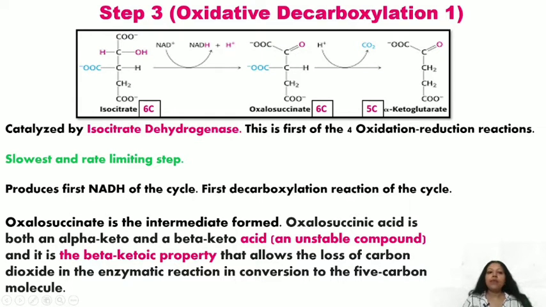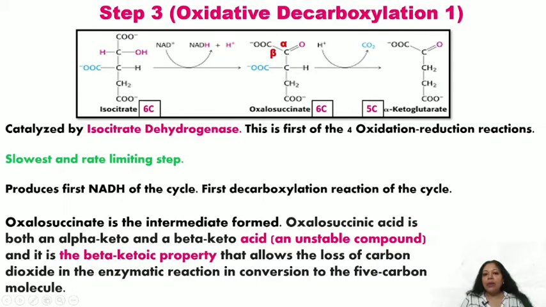Correct? Okay. One important point which is related to the intermediate oxalosuccinate here is that it is both an alpha keto acid and a beta keto acid. How? See, focus on this carbon, the COO group. Okay, focus on this group.